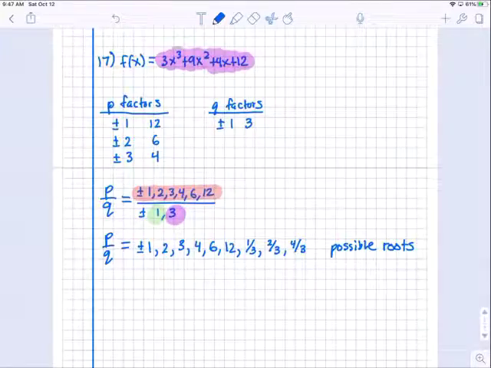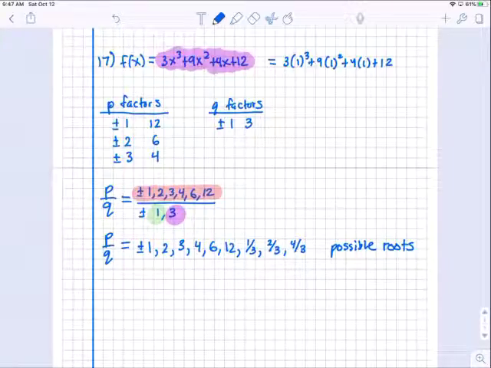So for example, let's say I want to see if 1 is a root. I'm substituting all my 1s into the x's, and you know it's a root if this whole entire thing becomes 0.